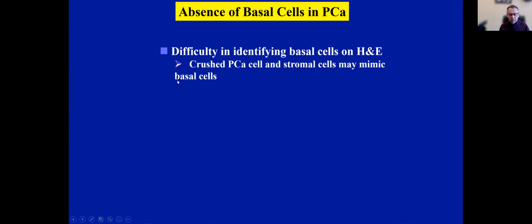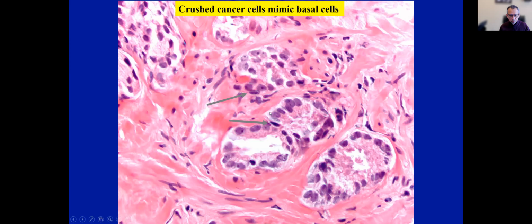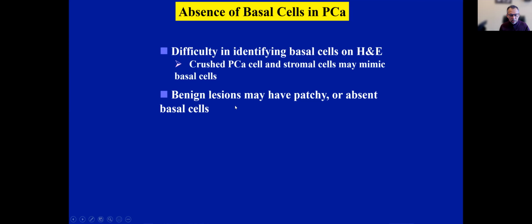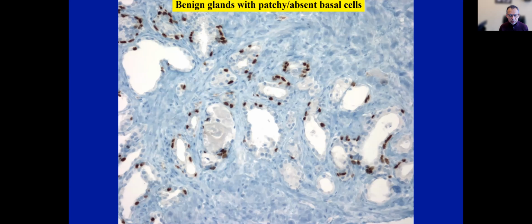Because you have a difficulty in identifying basal cells on hematoxylin and eosin stained sections. Particularly crushed cancer cells and stromal cells may mimic basal cells, as seen in this particular example. Sometimes benign lesions, particularly partial atrophy, high-grade PIN, adenosis, may have very patchy or absent basal cells, as seen in this particular example of partial atrophy.